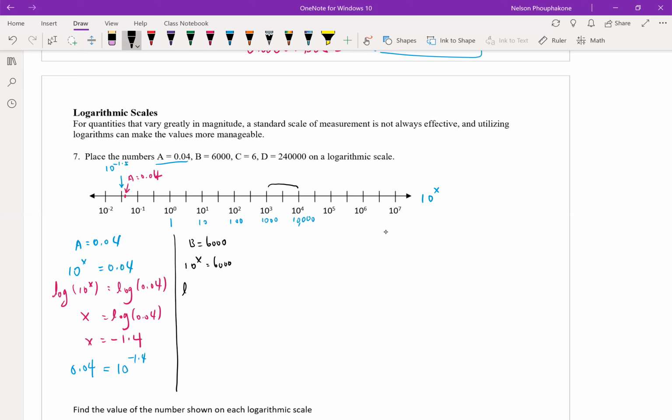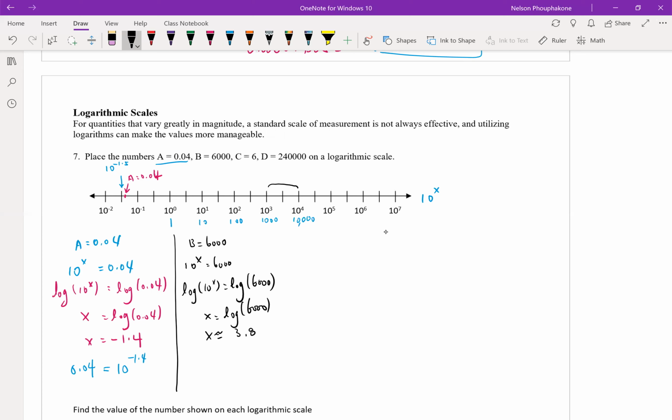Then again, we take the common log. And then we have x equal to log of 6,000. The calculator tells me that it is roughly about 3.8.